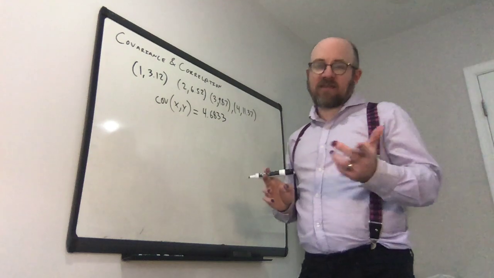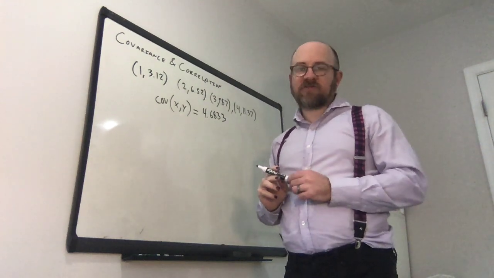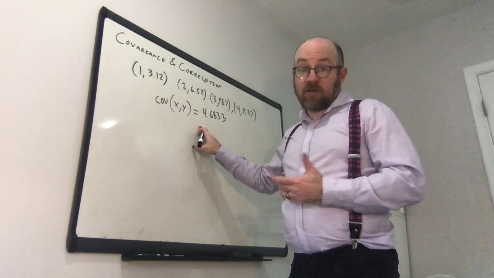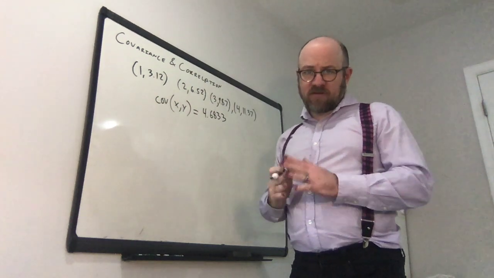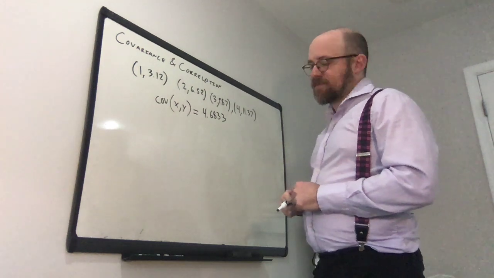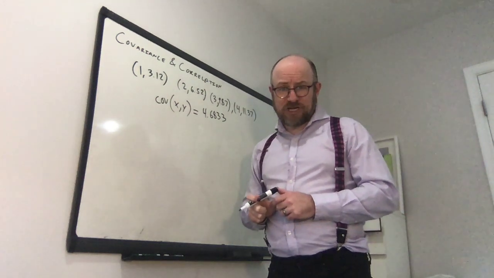That's in Excel. You'll see the Excel document attached to this. You can do the calculation there. It'll walk you through how to get it, and also show you that there's an Excel formula that gets this for you automatically. So that's covariance. Let's talk now about correlation.